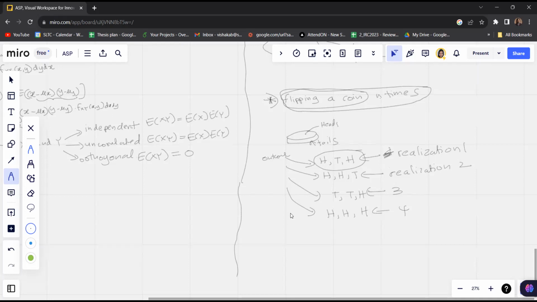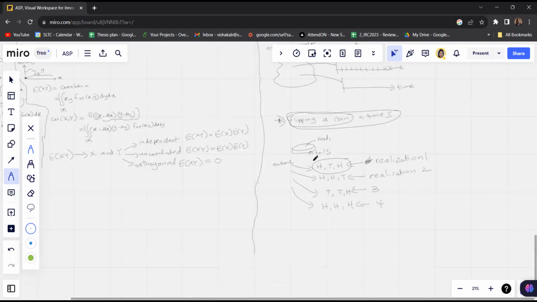So this is one example, flipping a coin n times. We have learned about discrete random variables and continuous random variables, right?